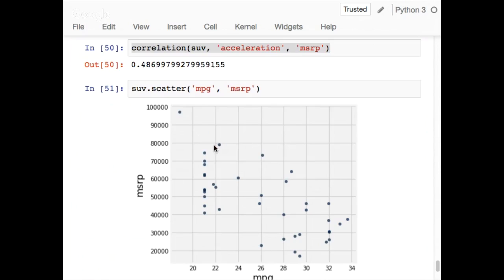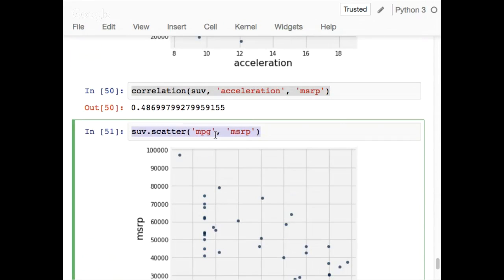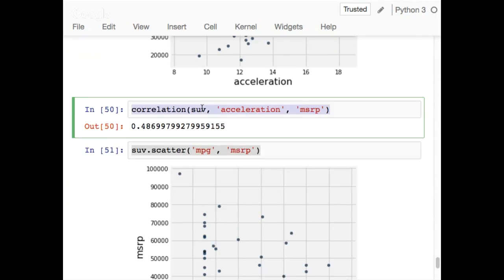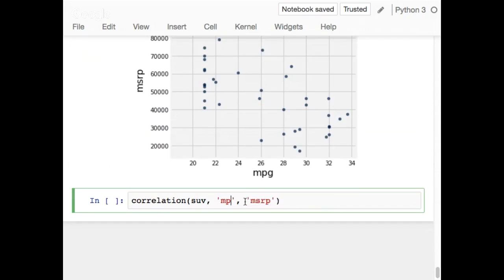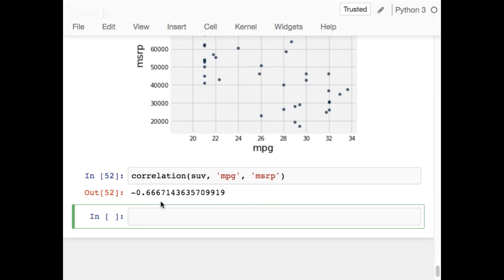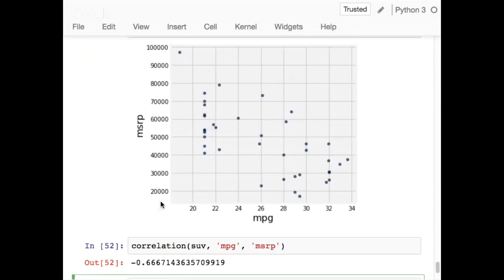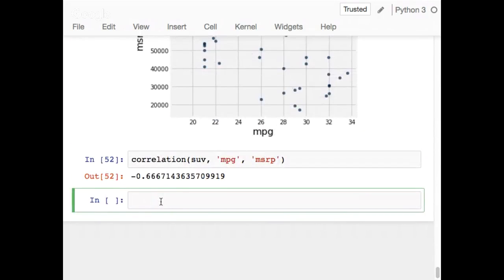It's not perfectly on a straight line, so the correlation should be between 0 and -1. Let's confirm that. Put that there, copy that. MPG. Indeed, it is negative 0.67-ish.